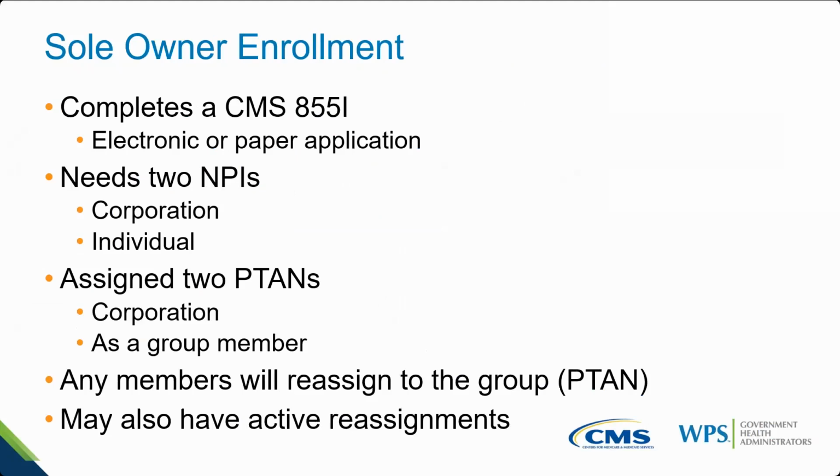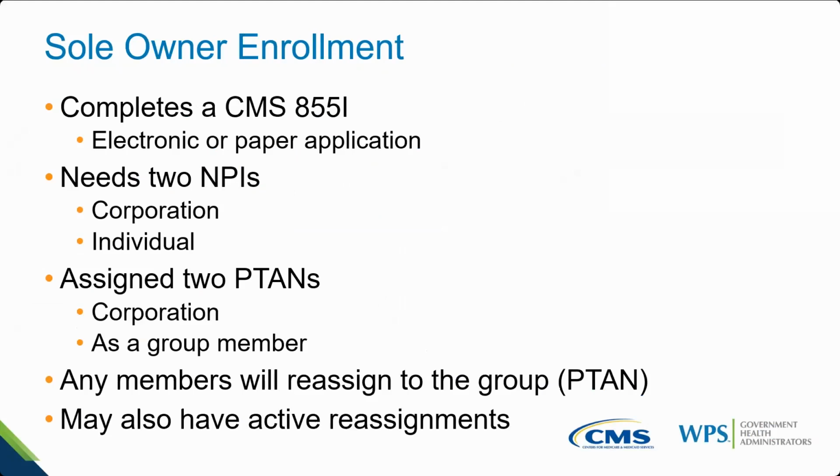And that's generally how they'll be identified. And you'll see that if you submit electronically or have access to PECOS, you can actually see all of the enrollment information that we have on file for you, and that's how it would look. So if they have any additional members, they will reassign to that group PTAN, and they'll get group member numbers similar to what you see with a clinic.